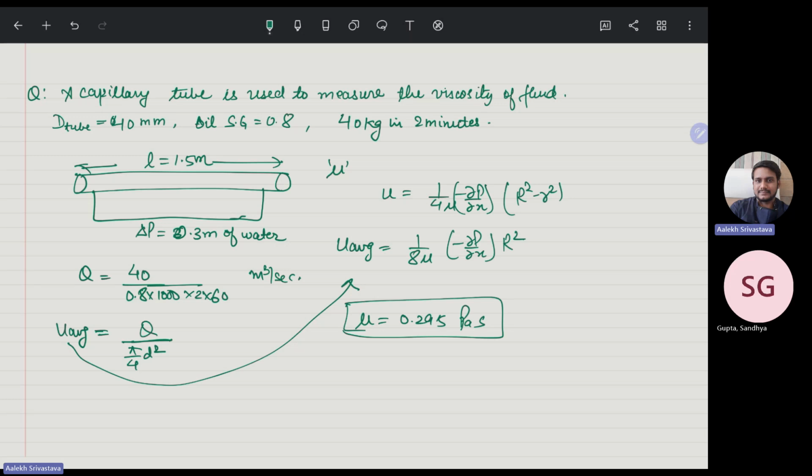Now we will try to look at the losses part.